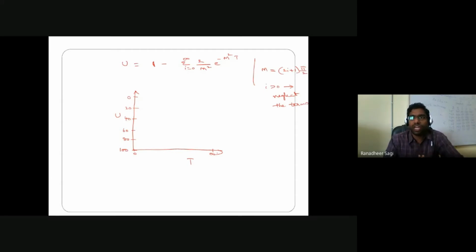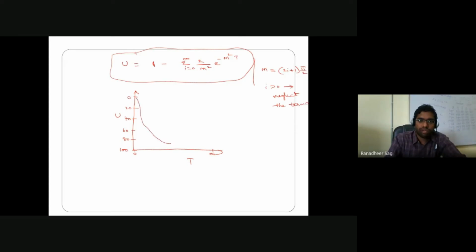Infinite time here indicates that after a sufficient amount of time required for the completion of your consolidation process. So if the graph is plotted based on this mathematical expression, between time factor capital T and degree of consolidation capital U, we would be getting a curve like this. I'm just roughly plotting a graph.